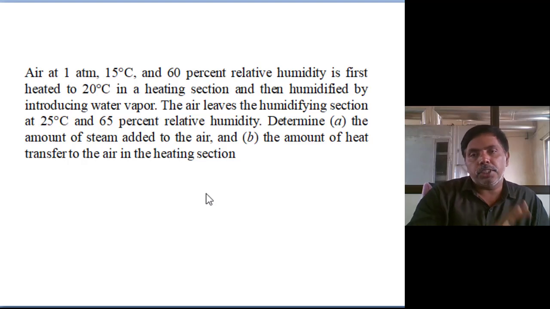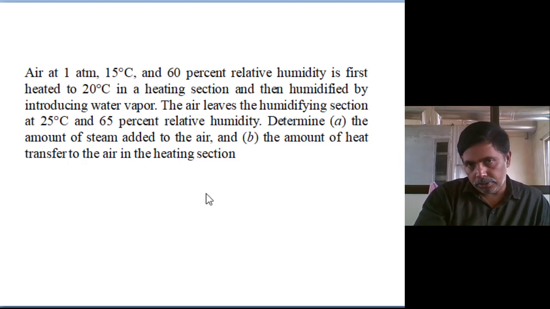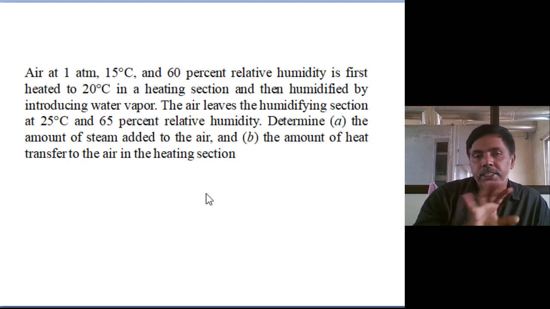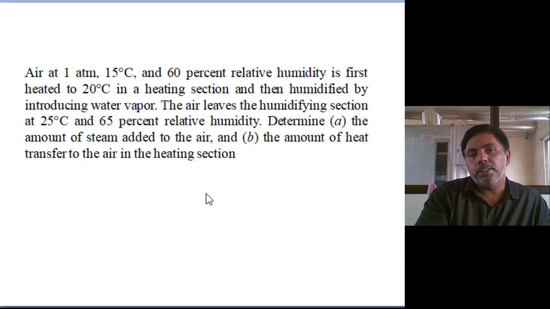So this process is indirectly a winter air conditioning system: first sensible heating, then heating and humidification. The initial condition is 15 degrees and 60% relative humidity. The final condition is 25 degrees and 65% relative humidity. Okay, it is clear. We can mark the points on the psychrometric chart.